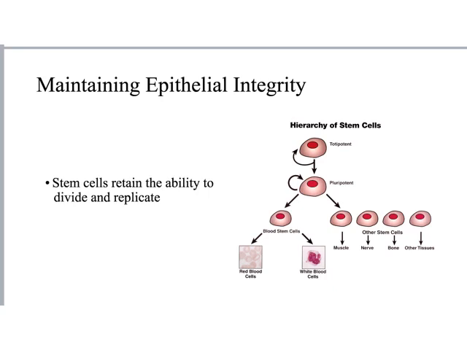Stem cells is another word we might use for progenitor cells. They're kind of earlier cells. They haven't become a complete mature finished product yet. They are able to still divide, replicate, make more copies of themselves.